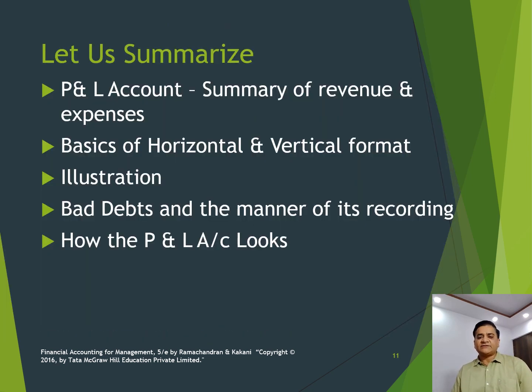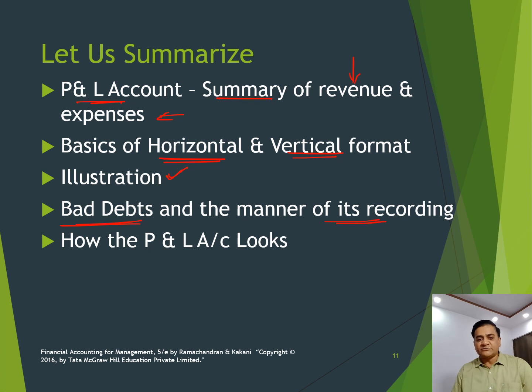So let us summarize what we have done in our class today. We have talked about the profit and loss account, which is nothing but the summary of the revenue and expenses. We can prepare this in the horizontal format or the vertical format. Then we saw an illustration wherein both the horizontal and vertical format of the income statement or P&L account were discussed. Then we talked about bad debts and the manner in which they are recorded.